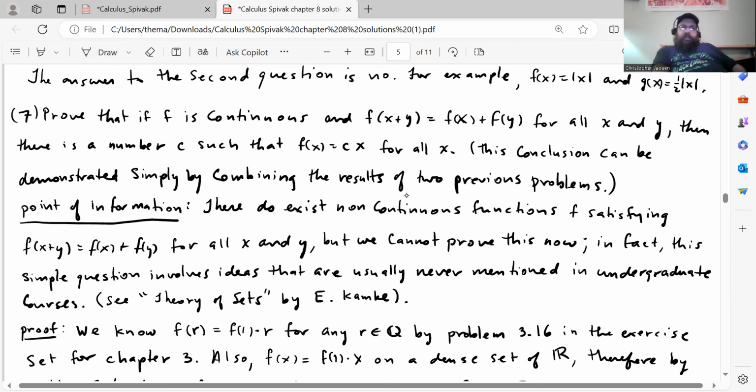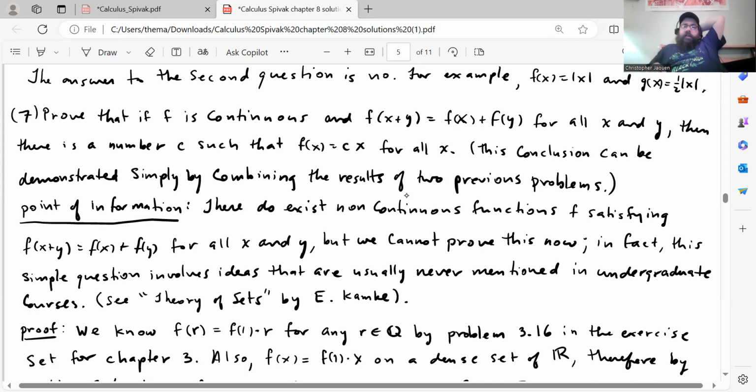Going on to question 7: prove that if f is continuous and f of x plus y equals f of x plus f of y for all x and y, then there's a number c such that f of x equals cx for all x. This conclusion can be demonstrated simply by combining the results of two problems. That's Spivak's note. The two problems he's referring to are a problem in chapter 3 that we did, which is in the exercise set for chapter 3 video that I made.